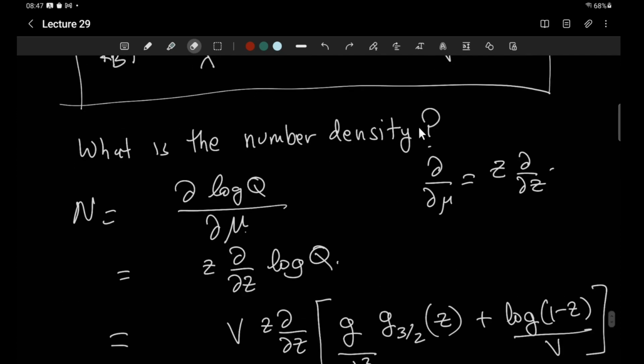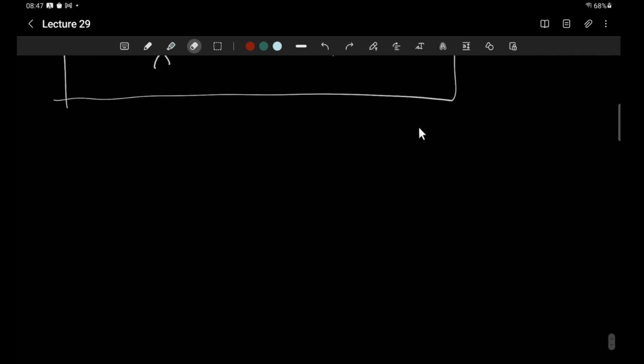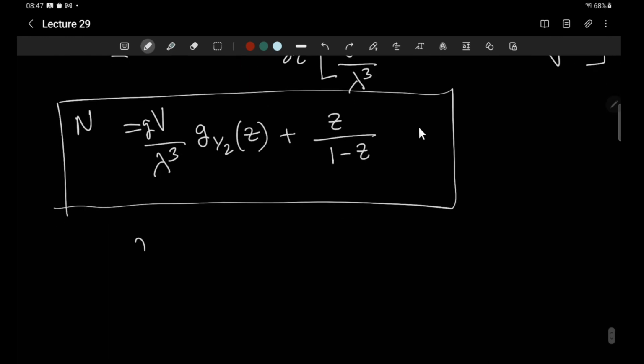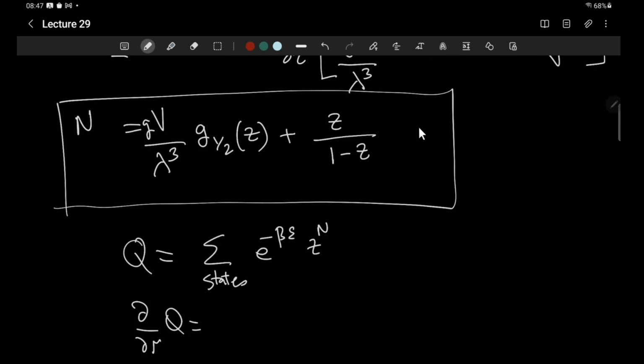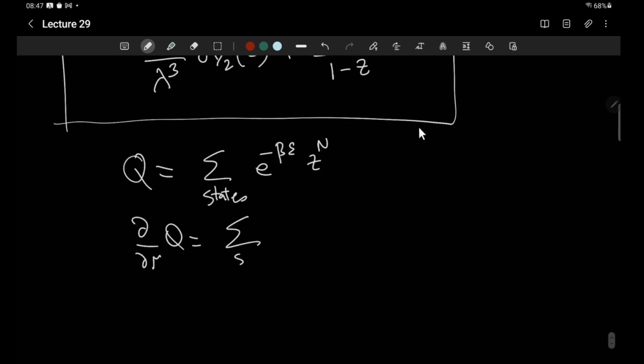No, if you go back to first principles, we can just derive this, right? n is just the expectation value of this thing. So Q would be the sum over all states of e power beta epsilon times z power the number, right? So d by d mu of Q would be the sum over states.